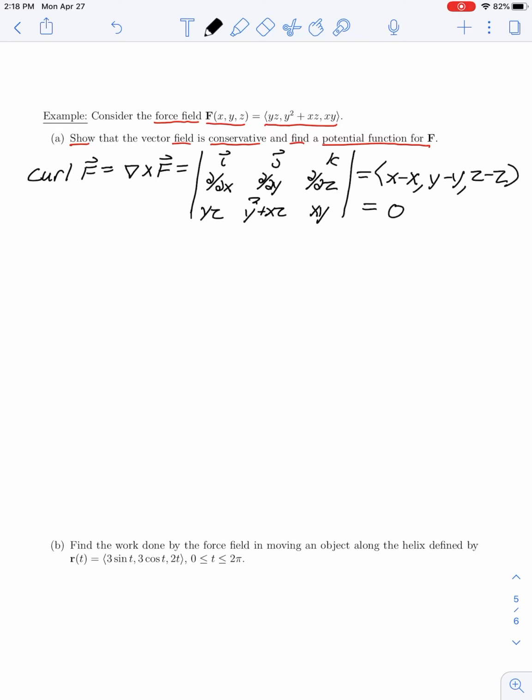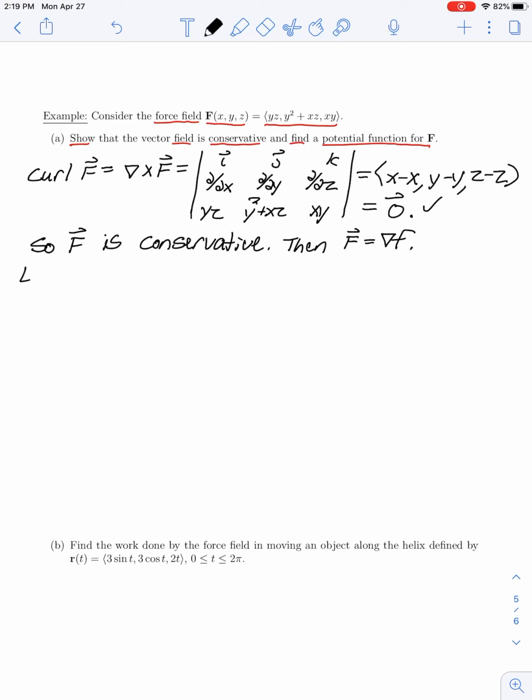So we see that we are left with the 0 vector, which means that our field is conservative. So let's start by saying that F is conservative, which means that the field F is equal to the gradient of some scalar function f called the potential, and we want to find that potential function.